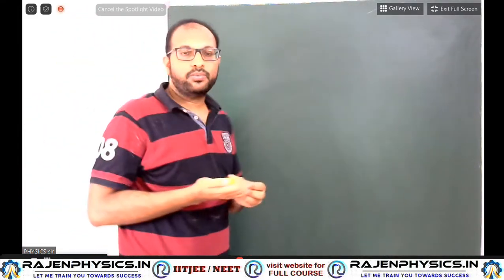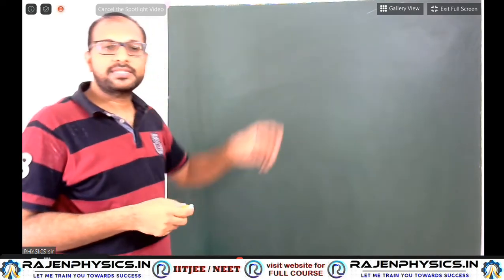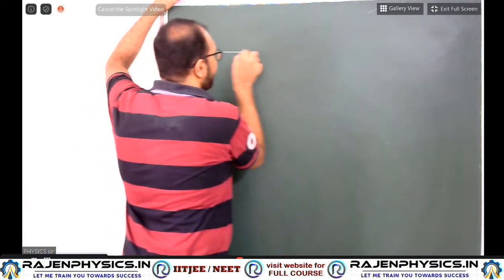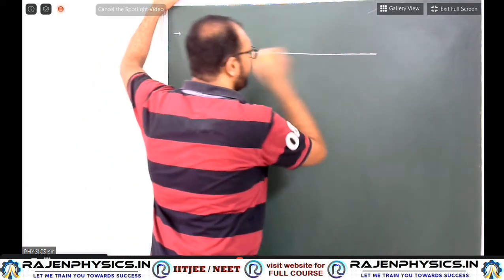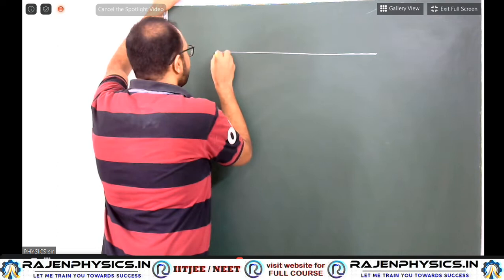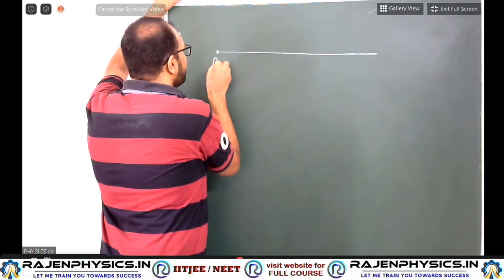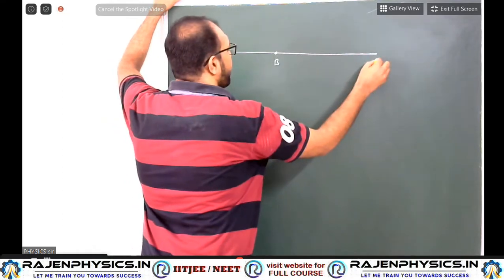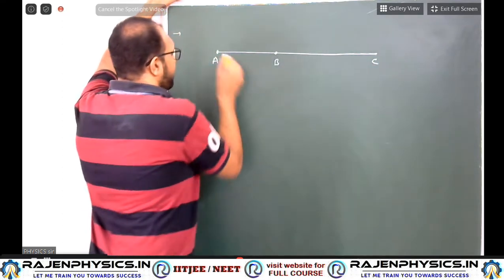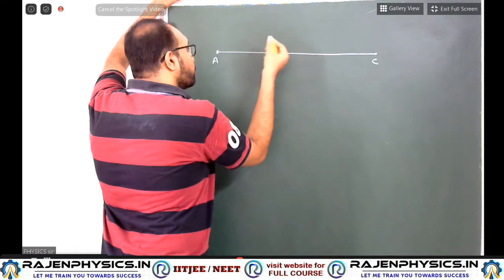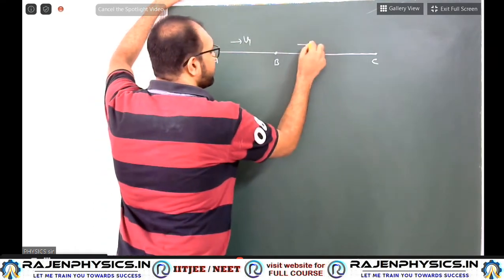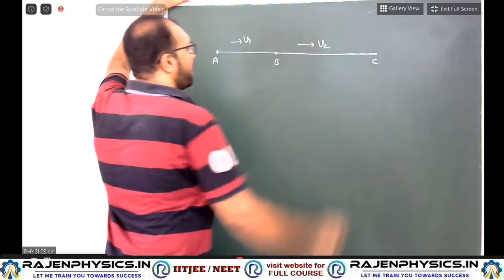Yes, so students, one more example on average velocity and speed. Here also there is no return journey, only forward. This is point A, this is point B, point C. From point A to B, moving with velocity v1, from B to C velocity v2.